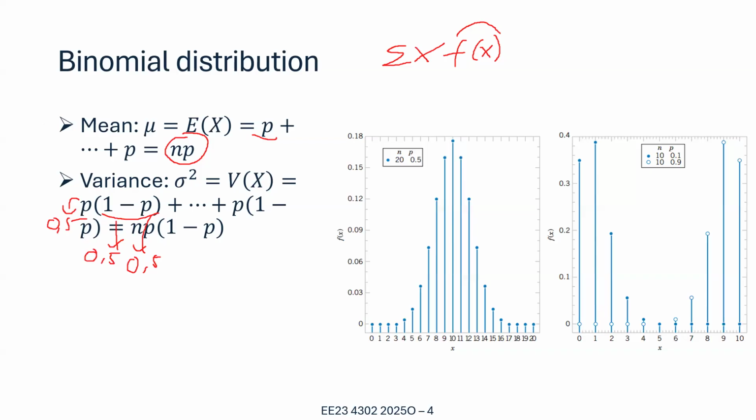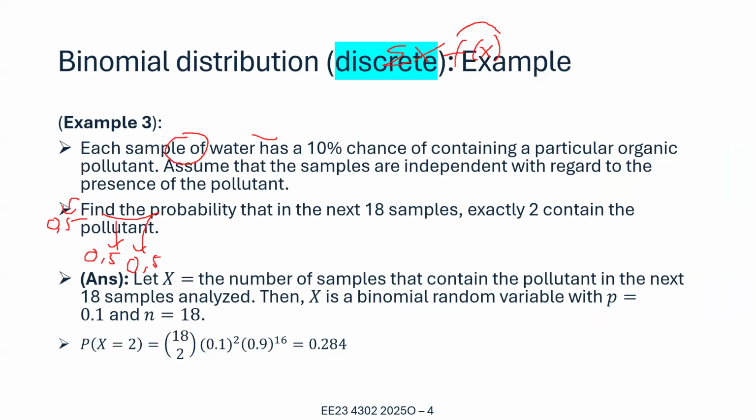So another example here. Let's say that each sample of water has a 10% chance of containing a particular organic pollutant, and we assume that the samples are independent with regard to the presence of the pollutant, and we are asked to find the probability that in the next 18 samples, exactly two contain the pollutant.